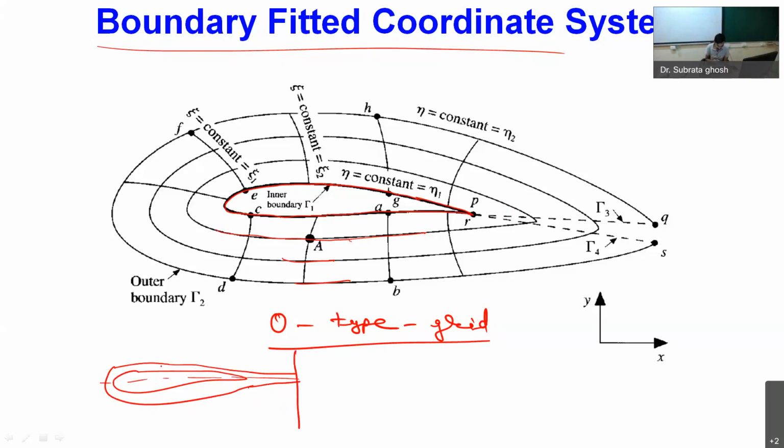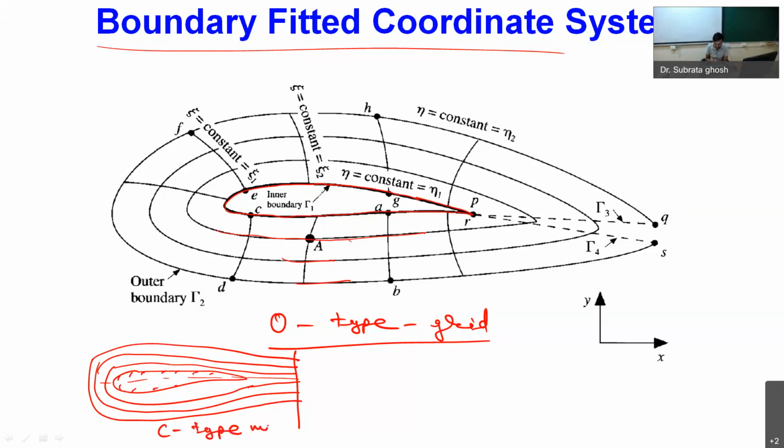Now I am not forming a closed structure for all the lines, rather I am joining these lines with the trailing edge, and with the outlet boundary of our physical domain. So this is my solid boundary and these are my mesh structure. This type of mesh structure is called a C type mesh.